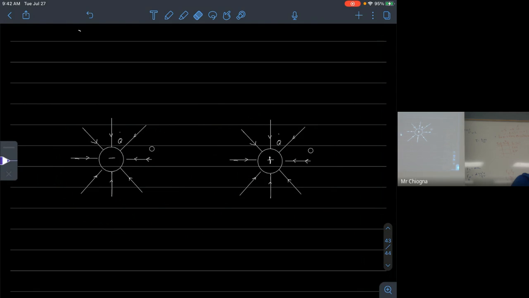The arrows are towards the source charge for a negative. Right, and for a positive, which way do I draw these arrowheads? Opposite. Good. Away from the positive source.